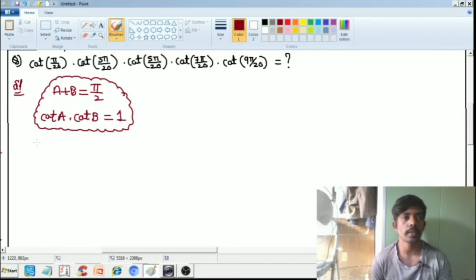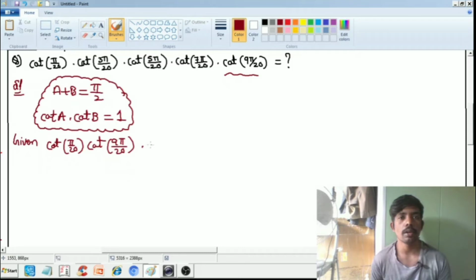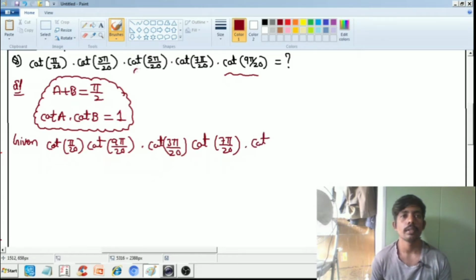First of all, focus on the question. Given cot of pi by 20, I am rearranging it, writing cot 9 pi by 20. The next two terms I am writing as cot 3 pi by 20 into cot 7 pi by 20, and the remaining one is cot 5 pi by 20.